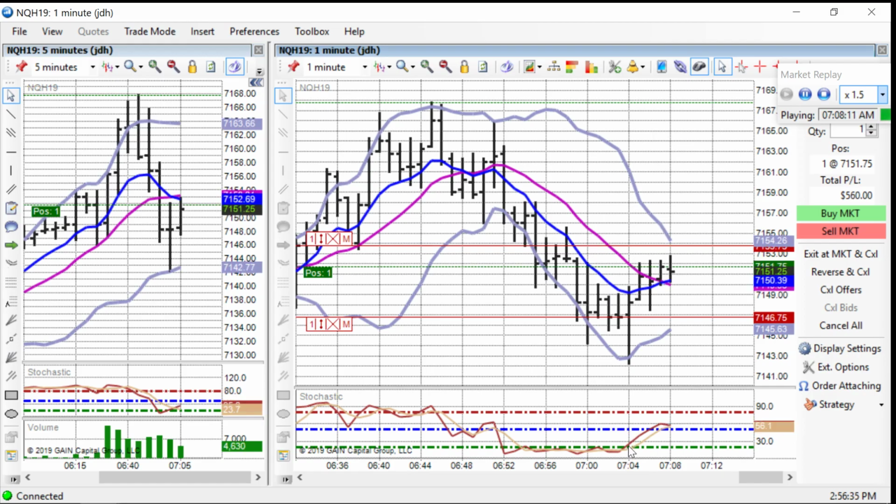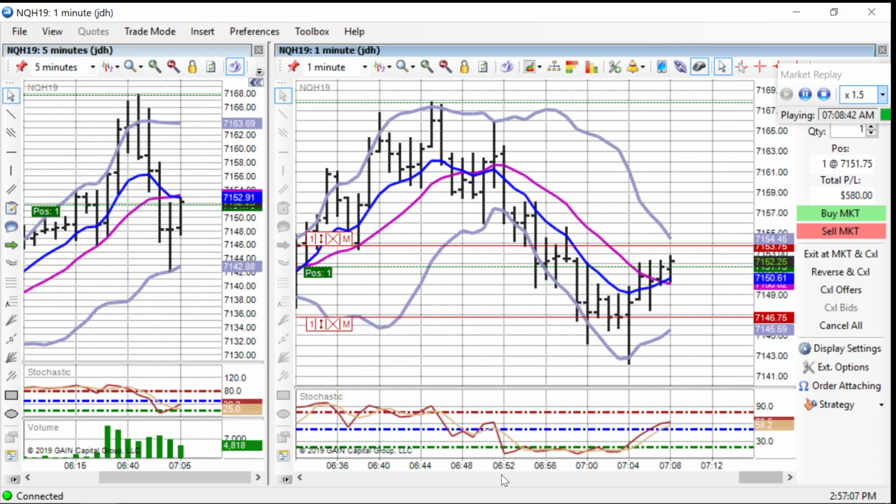The stochastics actually are pretty good at looking back, because you can see that the breakout occurred right at this bar here, the breakout above the 20% line. And so that kind of foreshadowed, after this number 3 point was made, that confirmed that that's a legitimate break to the upside.